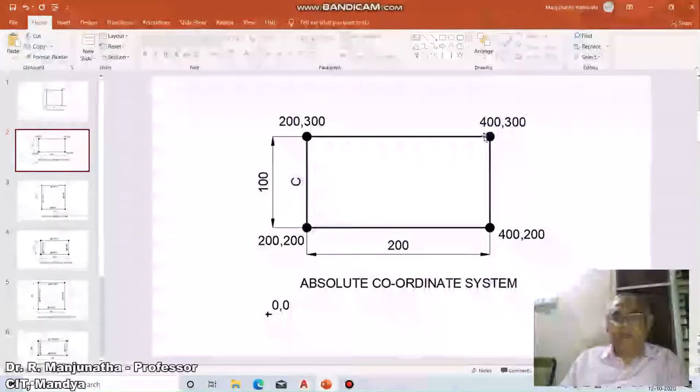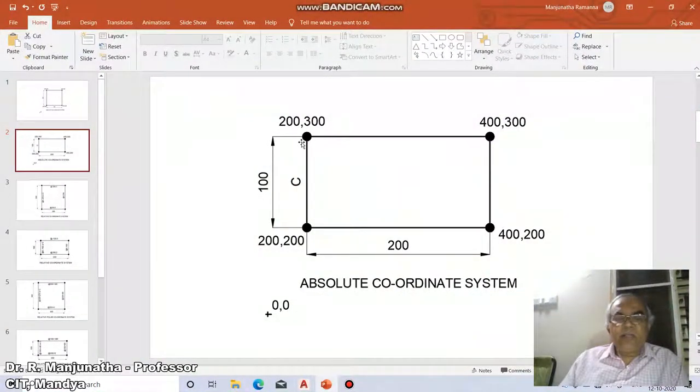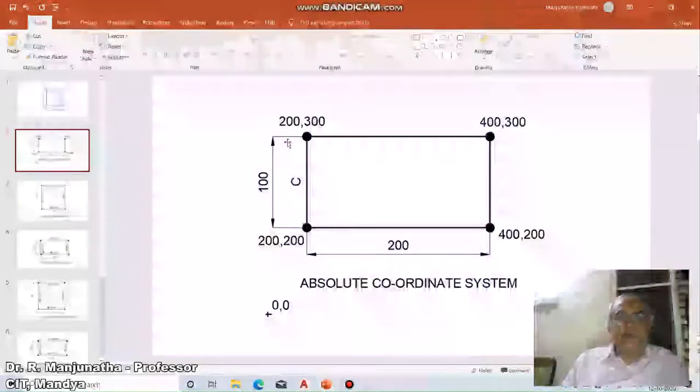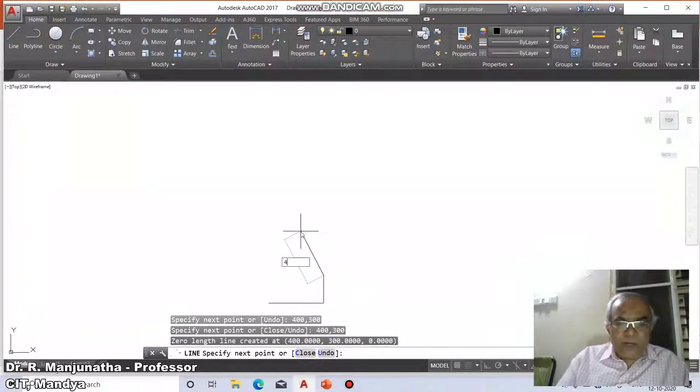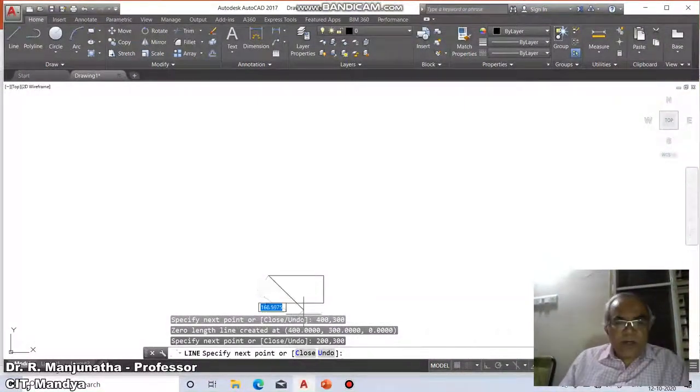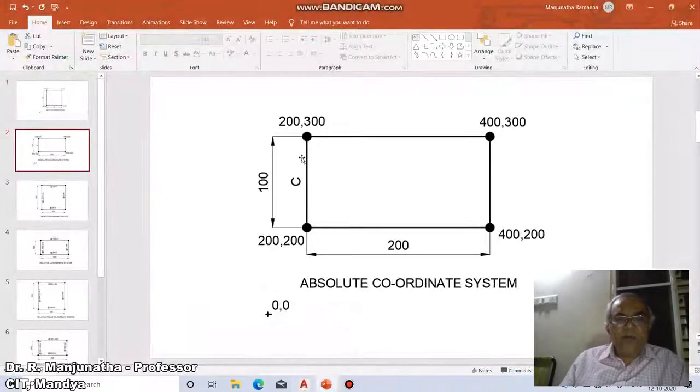Now you are moving in a direction opposite to the direction of the UCS x-axis. 400 minus 200 becomes 200. So you're going to get to 200, 300.